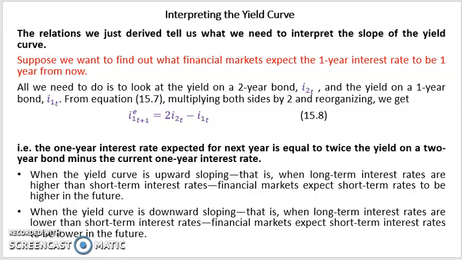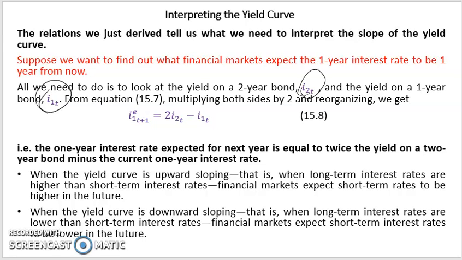So suppose we want to find out, for example, what financial markets expect the 1-year interest rate to be 1 year from now. All we need to do is to look at the yield on a 2-year bond, which is represented by I2T, and also the yield on a 1-year bond.